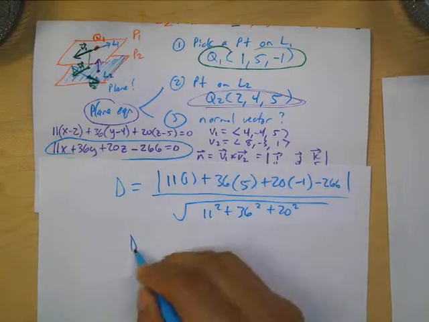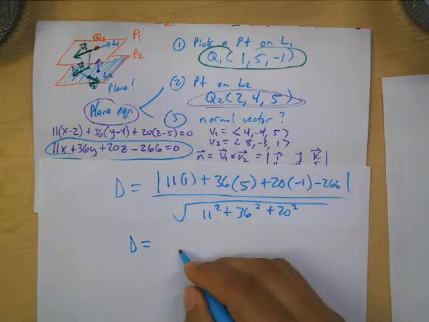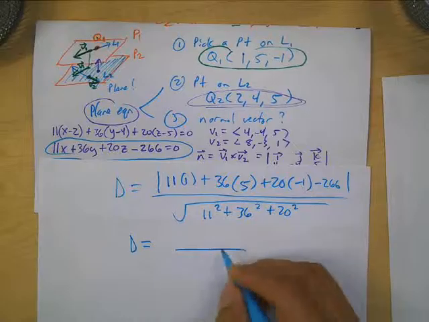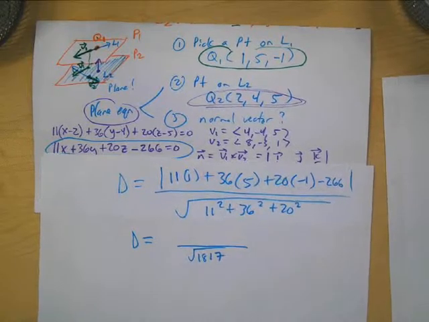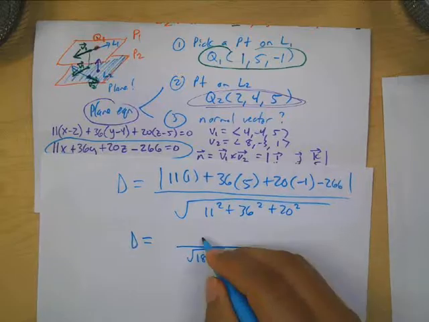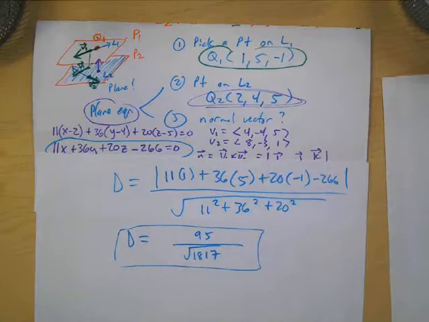And I need your help. That's the denominator? So root 1817? What's the numerator? 95. Okay. Yep. So that is the end of the notes officially.